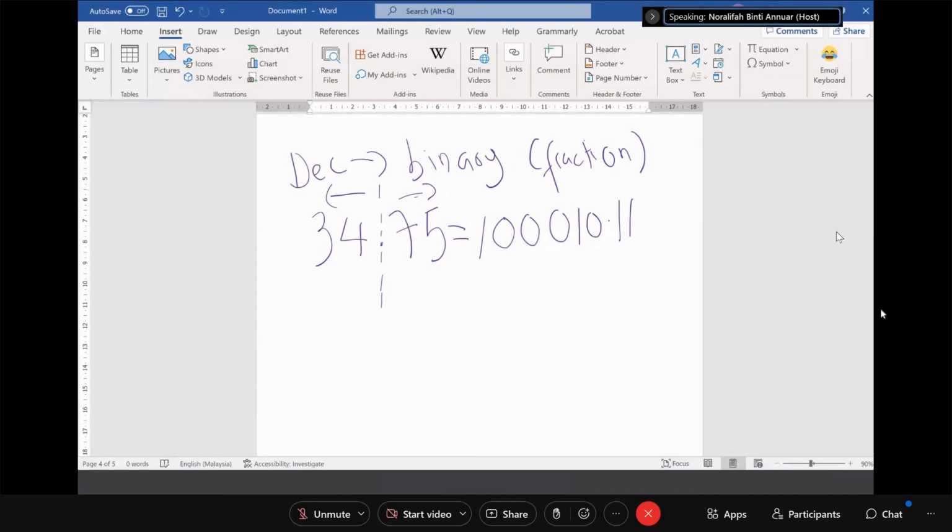So sebelum fraction ni, the starting position will start with 0, 1, 2. So how you get 34 to convert into binary, sama juga.